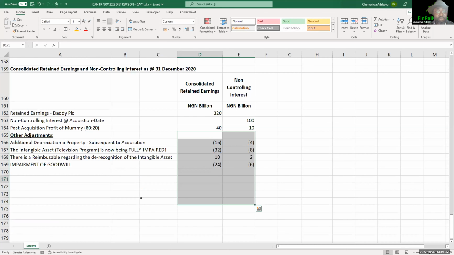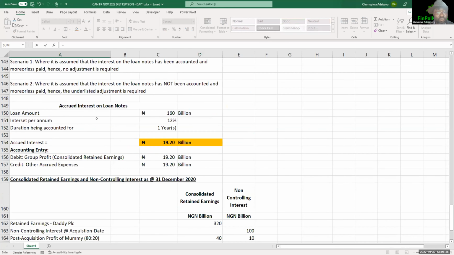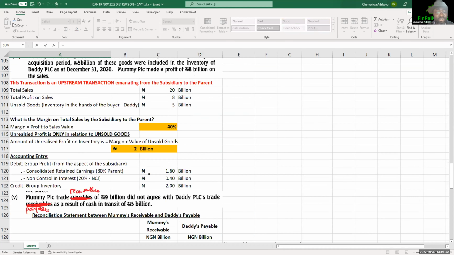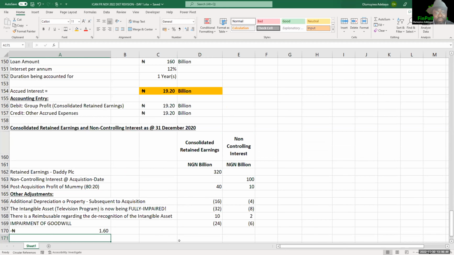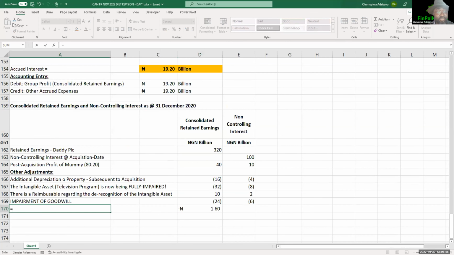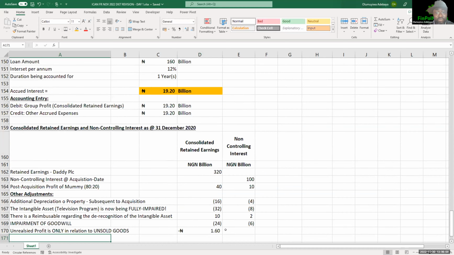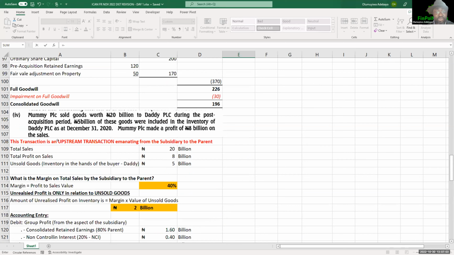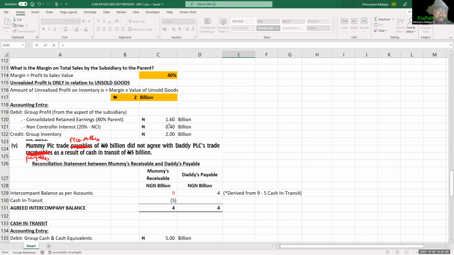Which other one? Unrealized profits. So we should charge 1.6 to the parents. I will put the name first. And charge 0.4 to the NCI.